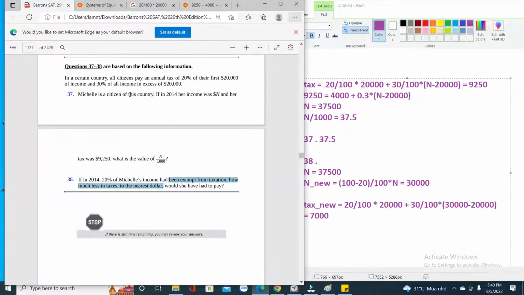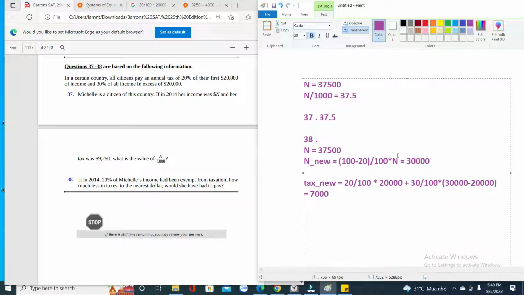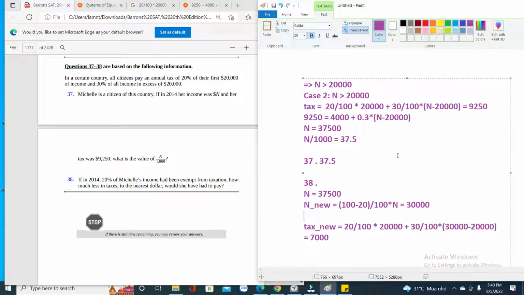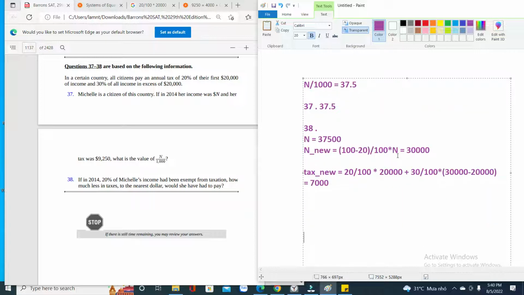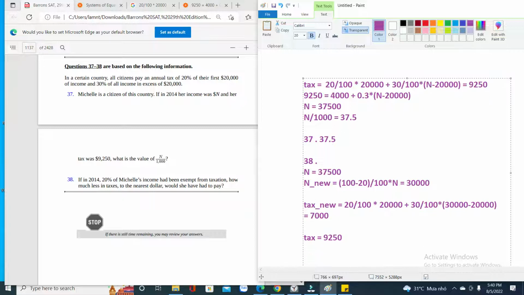So the tax is originally 9,250. So the amount less is just 9,250 minus 7,000, so that's 2,250.